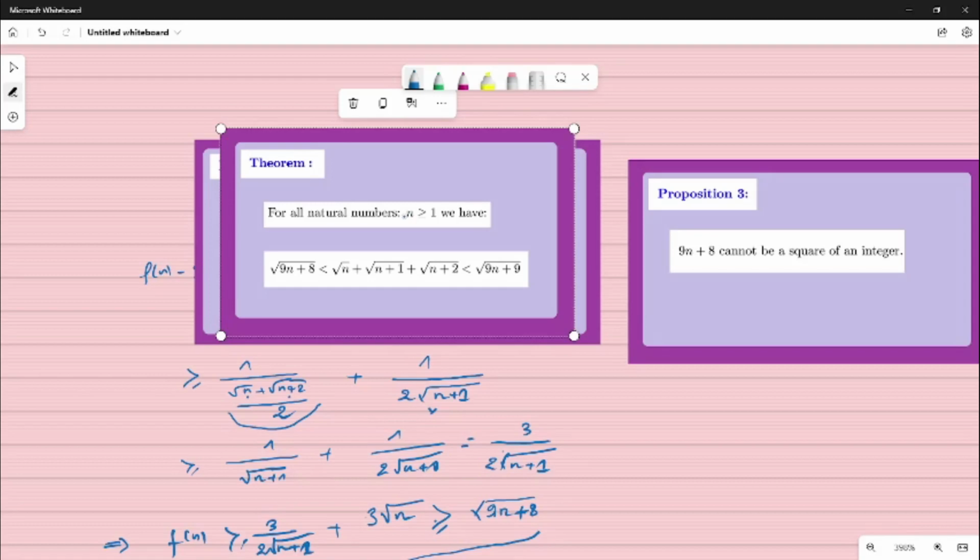For n equals 0, 1, 2, we can verify manually that the square root of n, square root of n plus 1, square root of n plus 2 is equal to this. We can verify it manually.